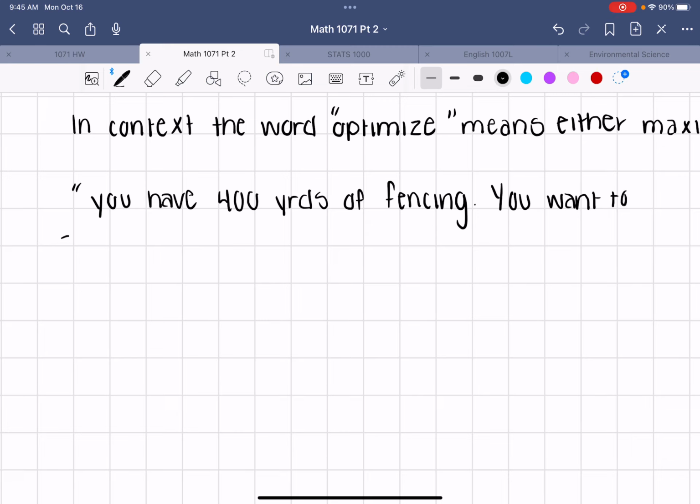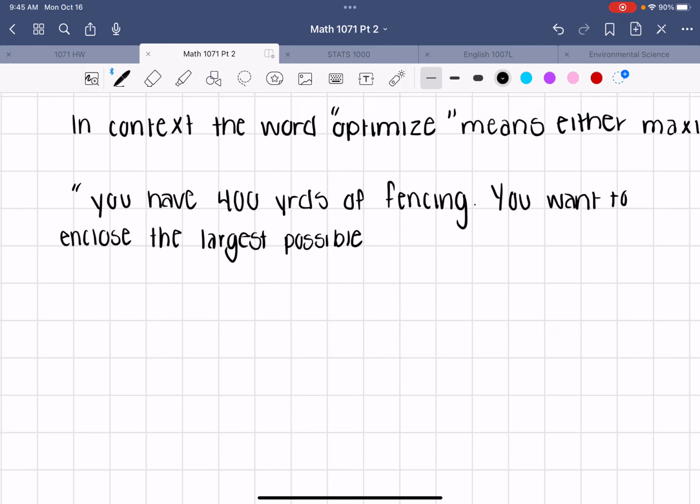In other words, you are using a natural barrier on the fourth side.